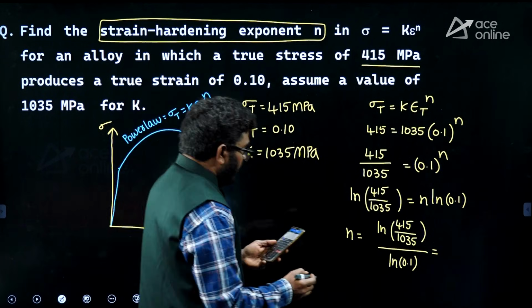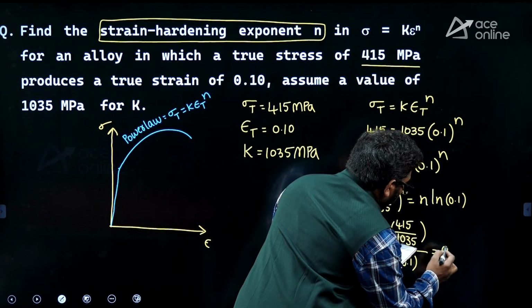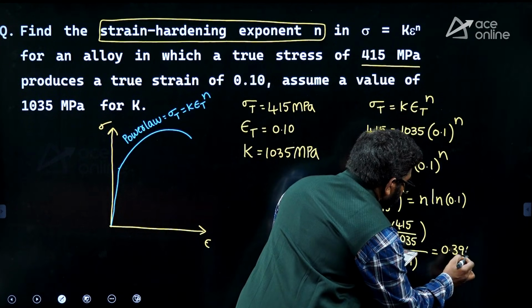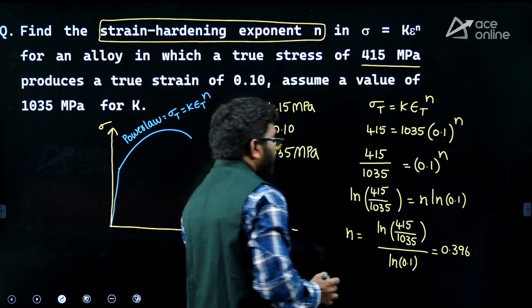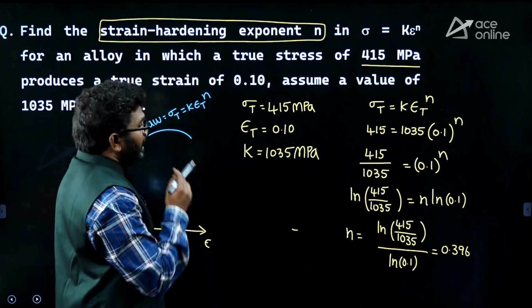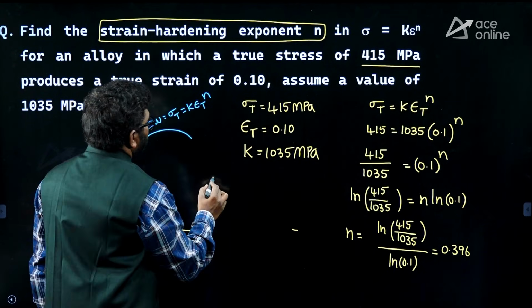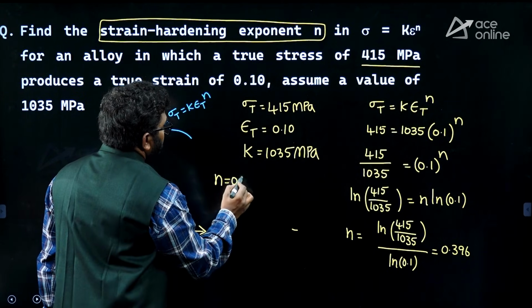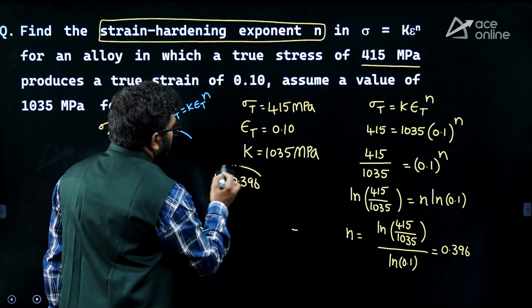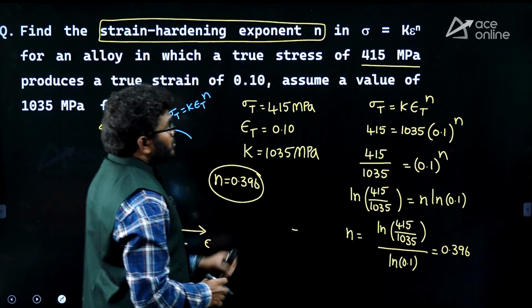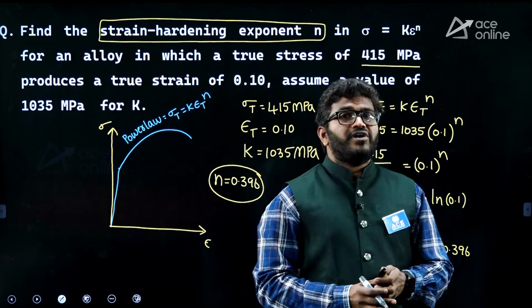So, I got finally 0.396. So, the n value for this question is 0.396.